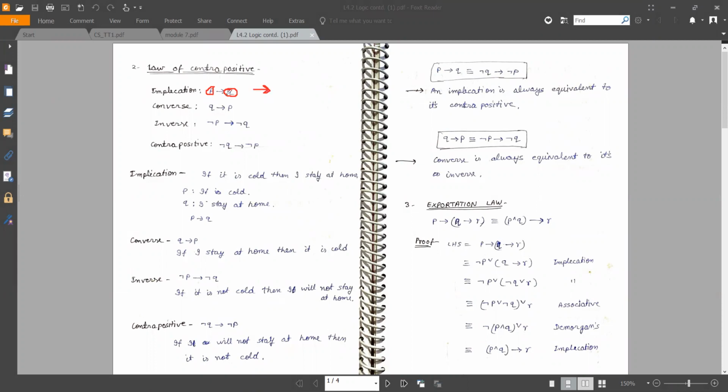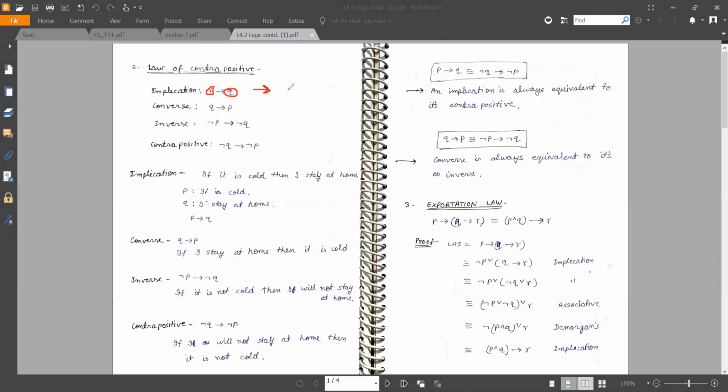It would be read as P implies Q. Its converse would be Q implies P, which means we simply swap the operands. The inverse would be simply negating those operands: the inverse of P implies Q is negation of P implies negation of Q. And similarly, for the contrapositive, we not only negate the operands, but we also swap.